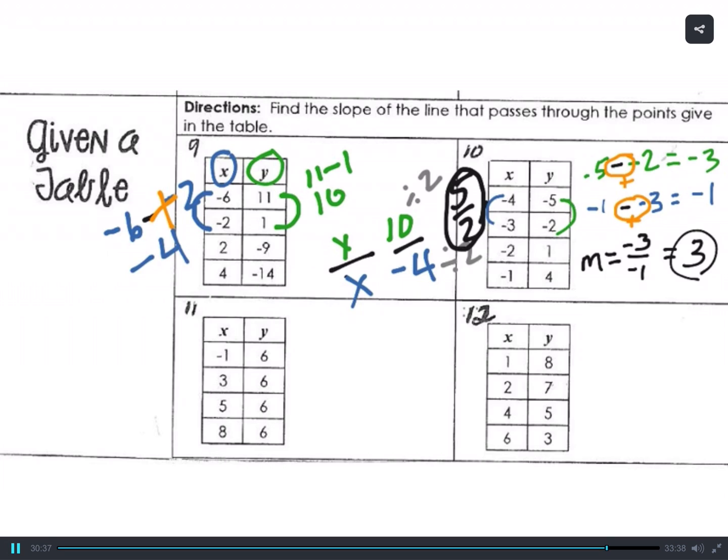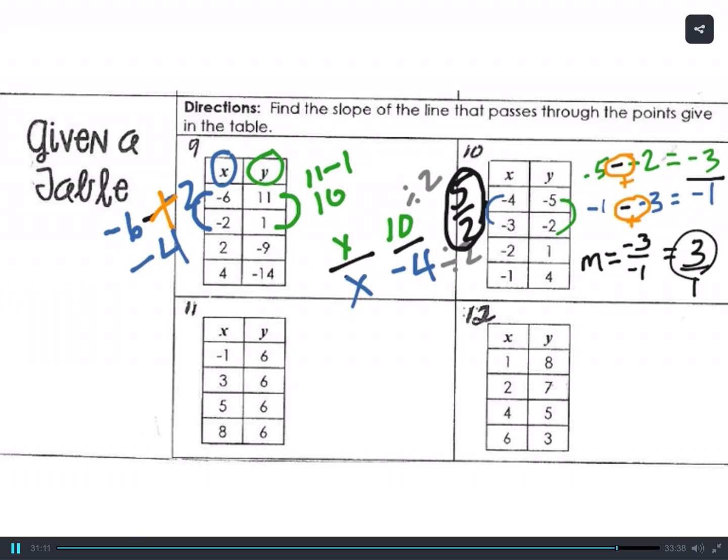So I circled both of those and put them together because they make a positive, okay? -5 plus 2 is -3, and -4 plus 3 is -1. When I put those together as a fraction, -3 over -1 is +3. You could leave the 1 on bottom if you wanted to, but you don't have to. All right? Hopefully finding the slope from a table is really easy.